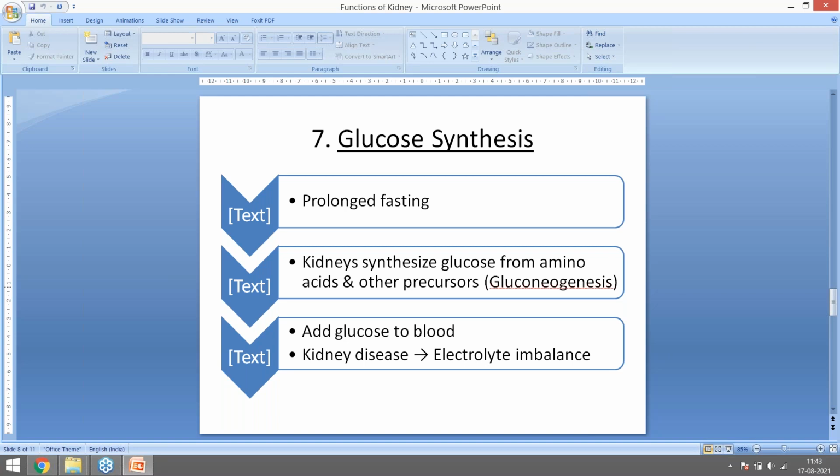But kidneys are very important contributors for doing the same process, and nearly as much as the liver. So in such cases, prolonged fasting or starvation, they synthesize glucose from the non-usual sources like amino acids and other precursors. This process, as you know, is called gluconeogenesis, and this adds the glucose to blood. And so that's why, again, in kidney disease, you will have not just electrolyte imbalance, but again, issues with control of blood sugar.